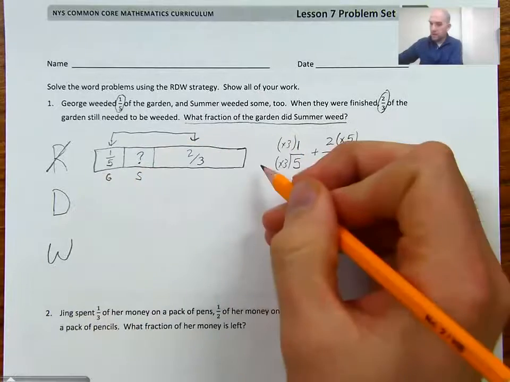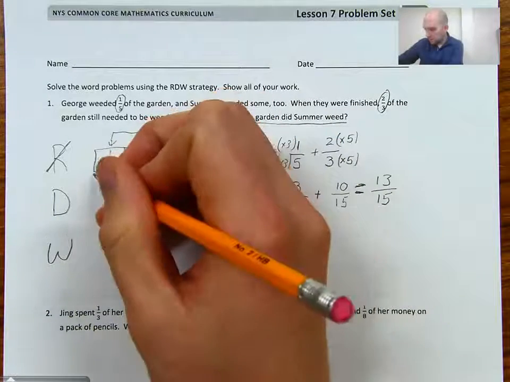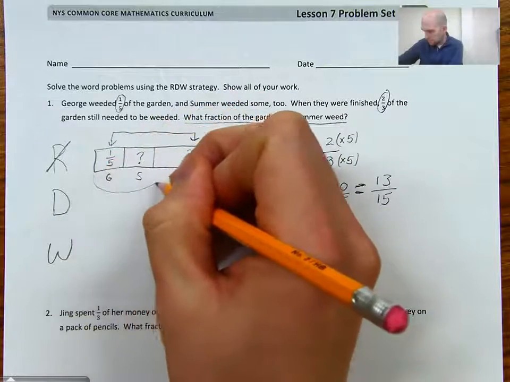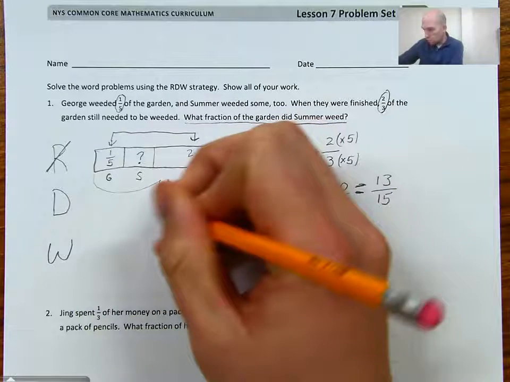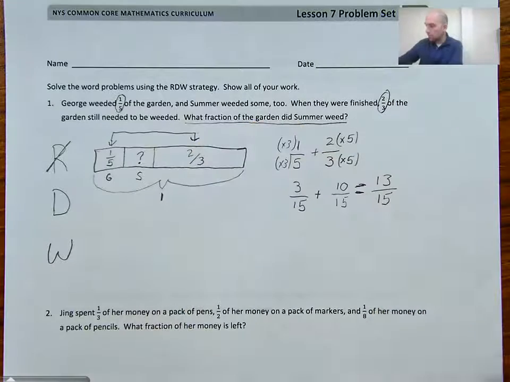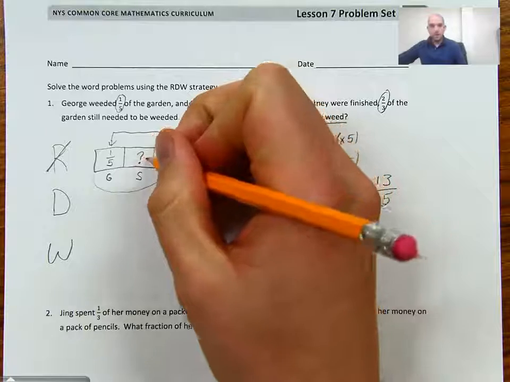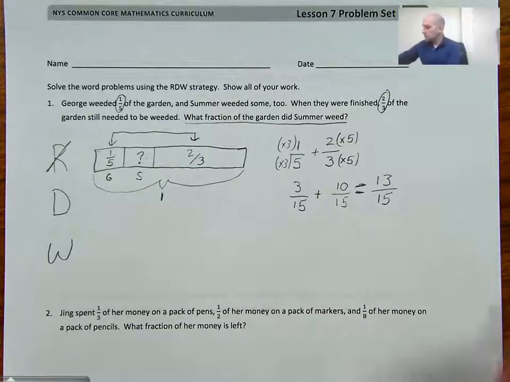So the whole thing, this whole piece here on the bottom, we know that this is 1. And 1 is 15/15. So if I'm going to subtract 13/15 from 1, I'm really subtracting 13/15 from 15/15 to figure out how much Summer weeded.